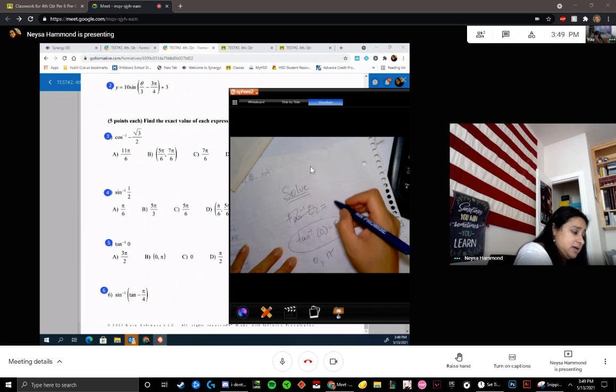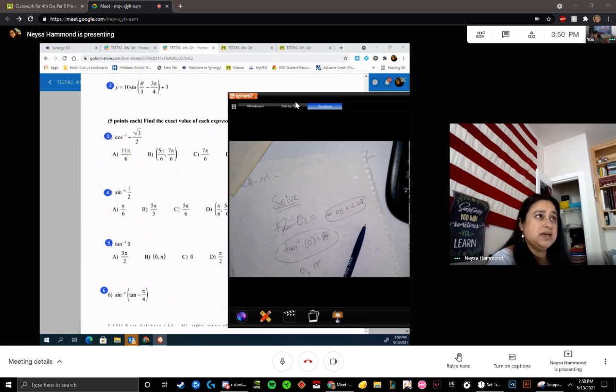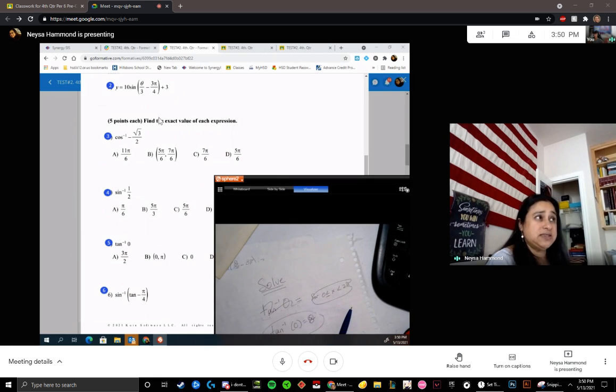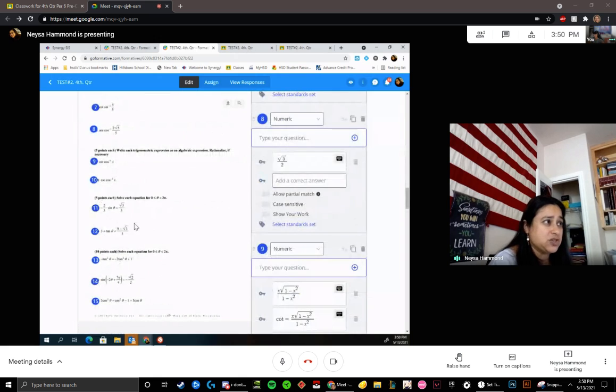It would say solve for 0 less than or equal to x less than 2 pi. If it just says find the exact value using these inverse functions, you'd have to use those restrictions. But for questions 11 through 15, you're going around one revolution, the entire unit circle. Okay, that makes sense.